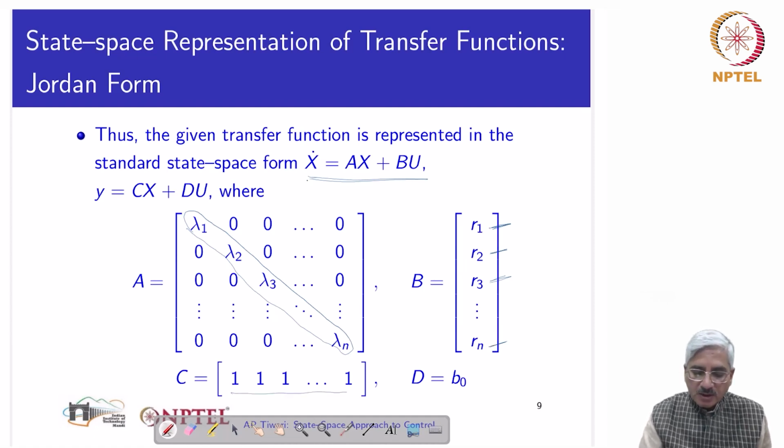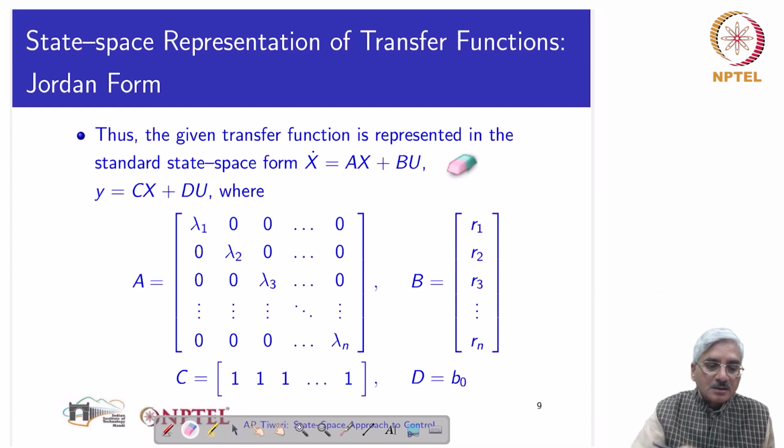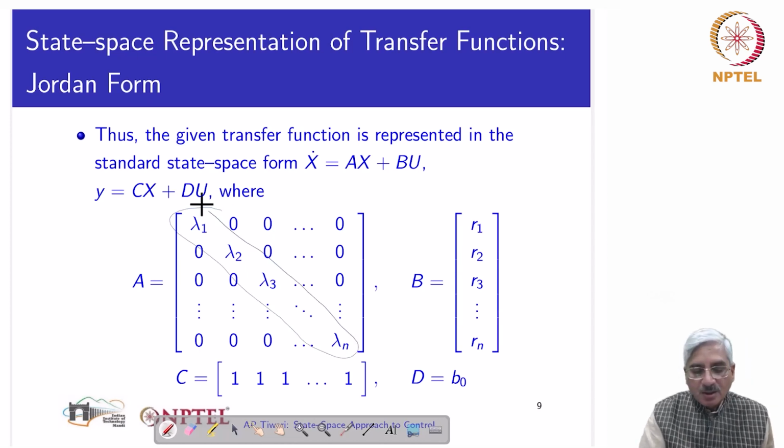And of course the output is the summation of all the respective components, so x1 plus x2, x3, etc. to xn, plus b0 times u. So the system is represented by x dot equal to Ax plus Bu, y equal to Cx plus Du, where A is a diagonal matrix, and on the diagonal we have the poles lambda 1, lambda 2, etc. This is obtained when the poles of the system are distinct.